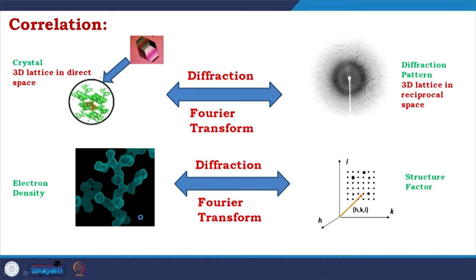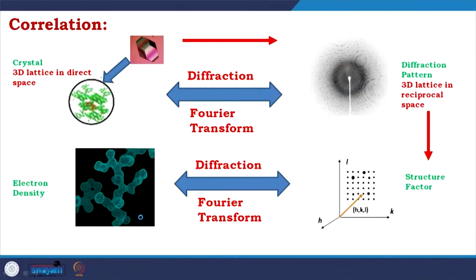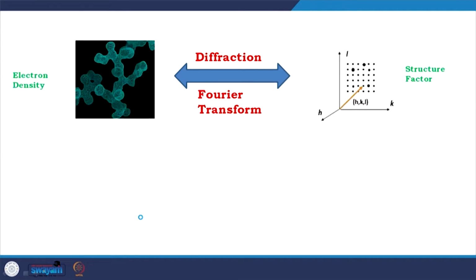If we now consider the entire process, it definitely starts with getting a pure protein, but the process of crystallography starts after getting a crystal. From the crystal we obtain a diffraction pattern by applying X-rays, then from the diffraction pattern the intensity of spots gives us the structure factor, and then from the structure factor by inverse Fourier transform we get electron density.